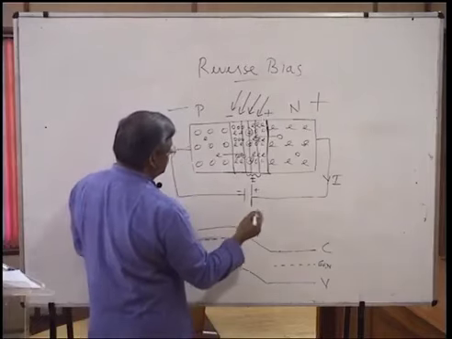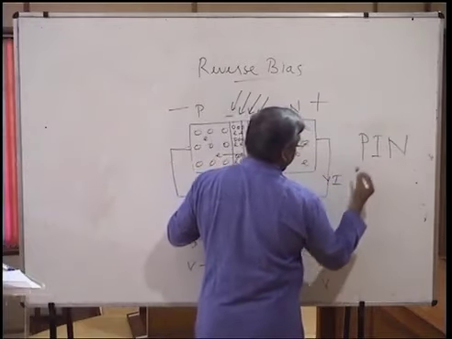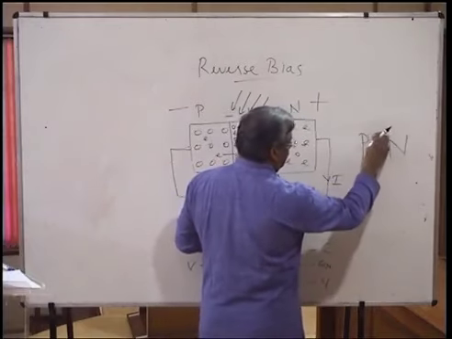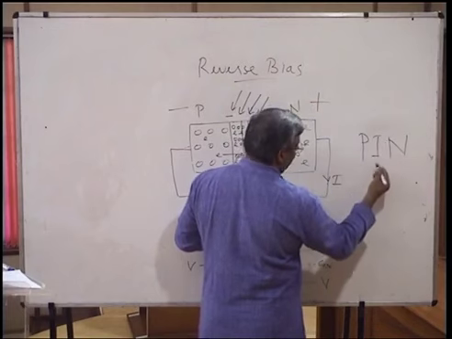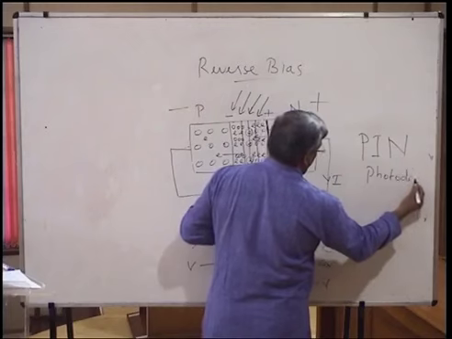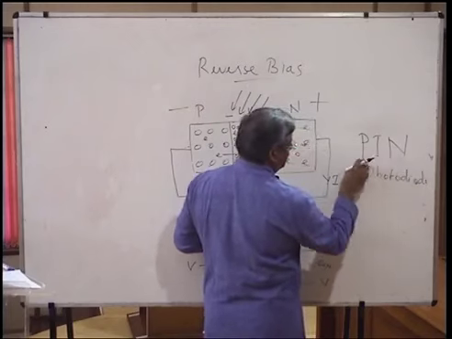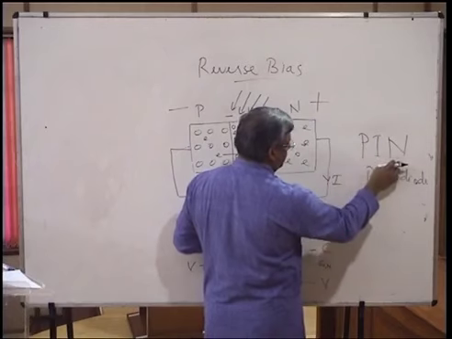So this is what is called a PN junction with the intrinsic material in between. So you have not a photodiode, rather this is called a PIN photodiode. And I stands for the sandwiched intrinsic region between the p-n junction.